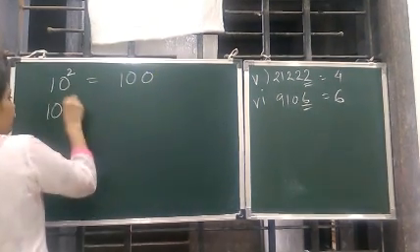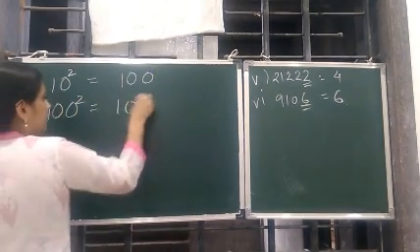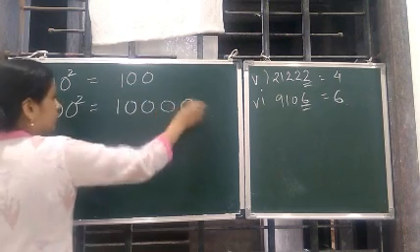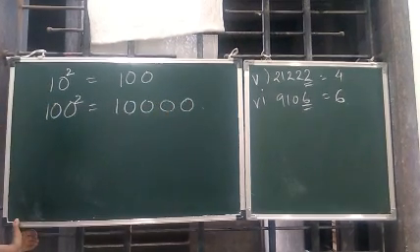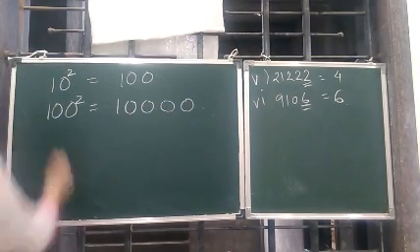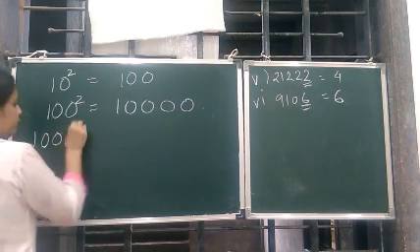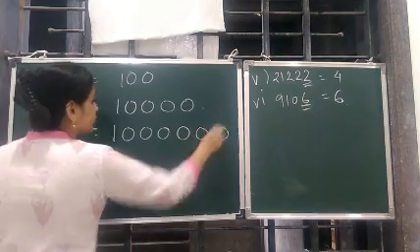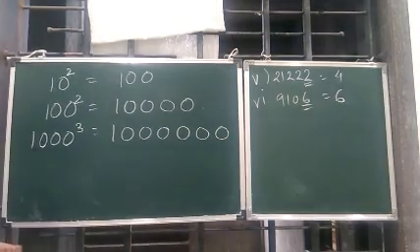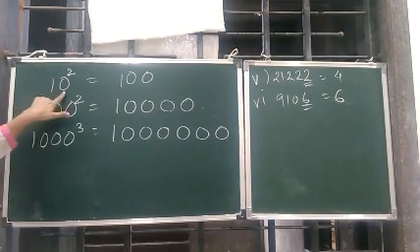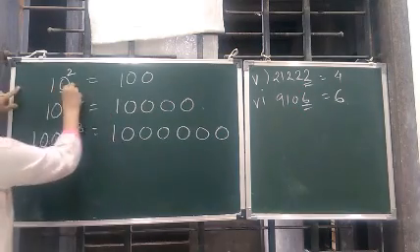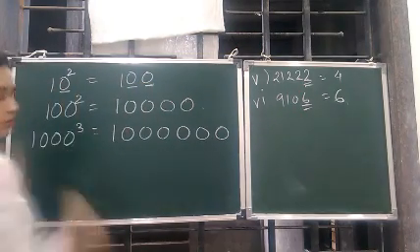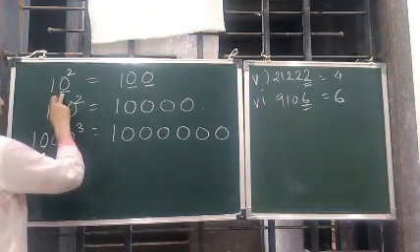Now if you have to find the square of 100, it is 10,000. So what can you make out? When there is 1 zero, here there are 2 zeros, double of 1.